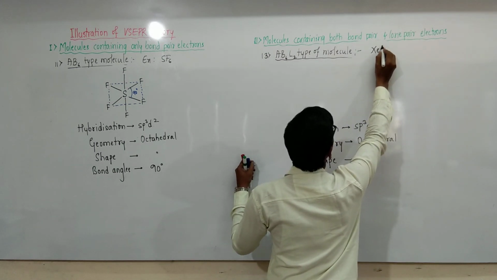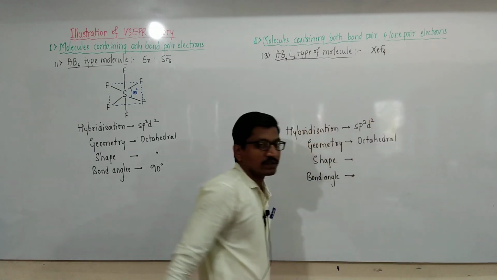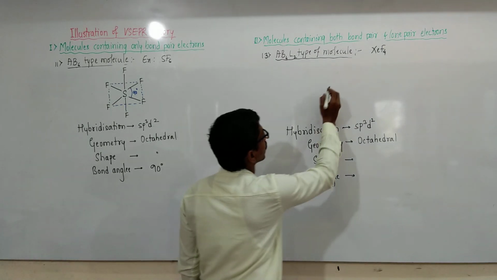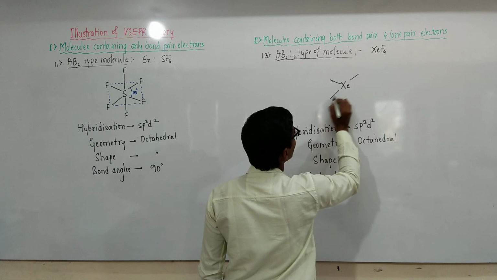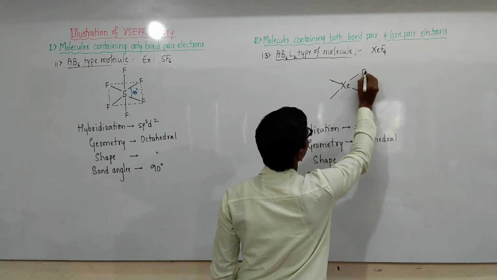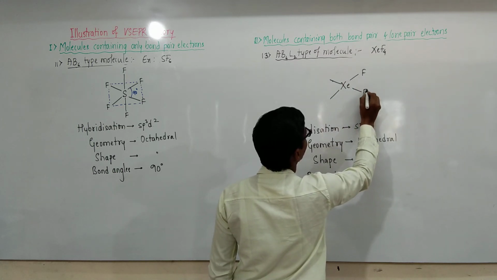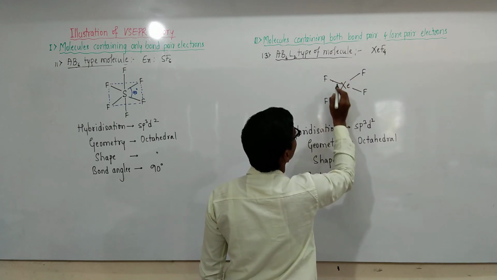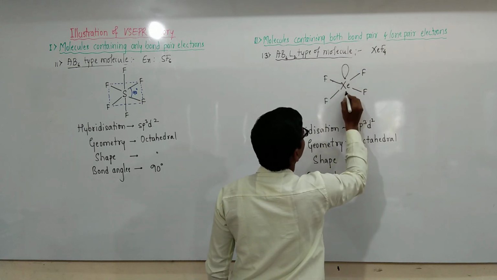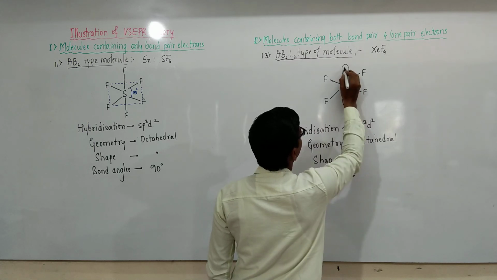Example is XeF4, xenon tetrafluoride, which contains two lone pairs of electrons, and these two lone pairs are occupied in the axial positions, and the equatorial positions are only bond pair electrons.